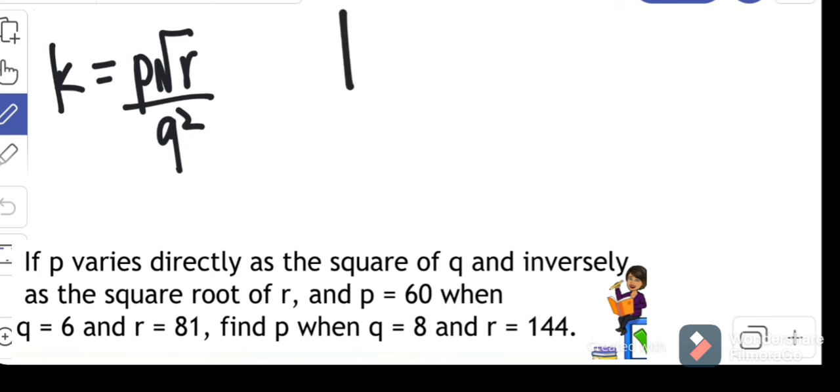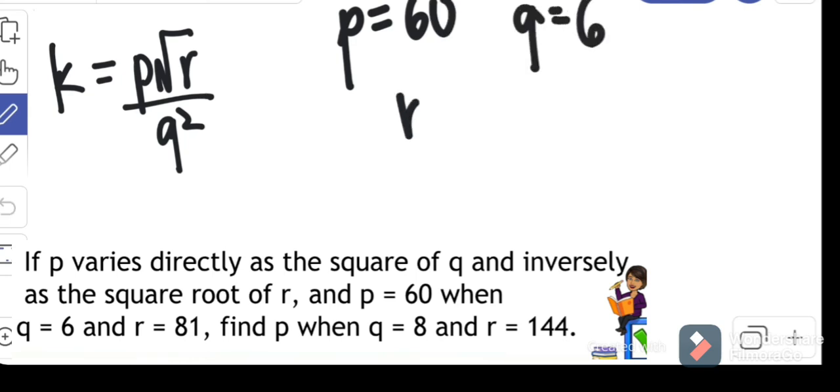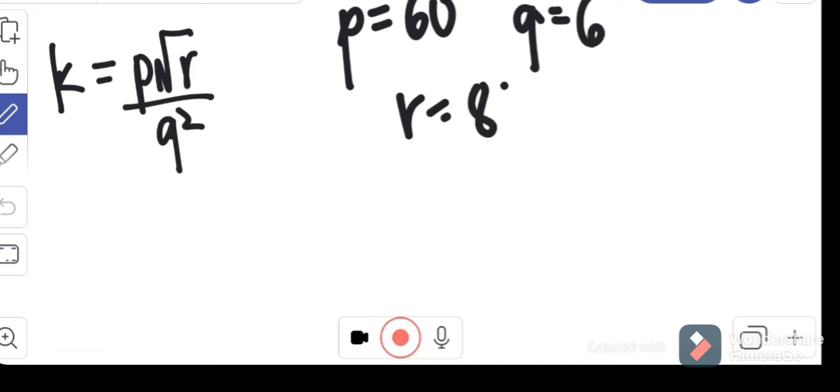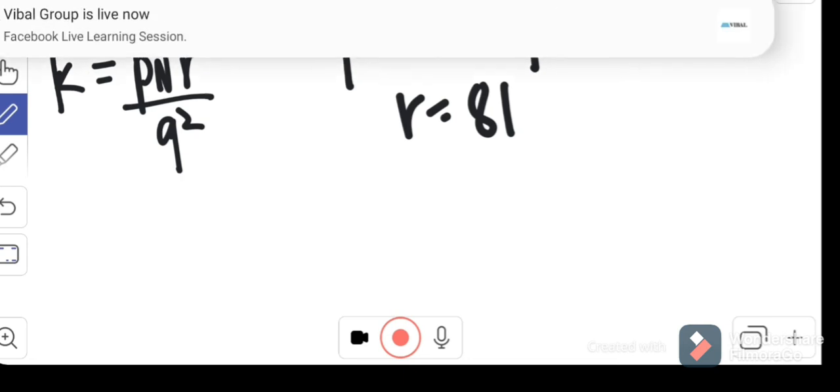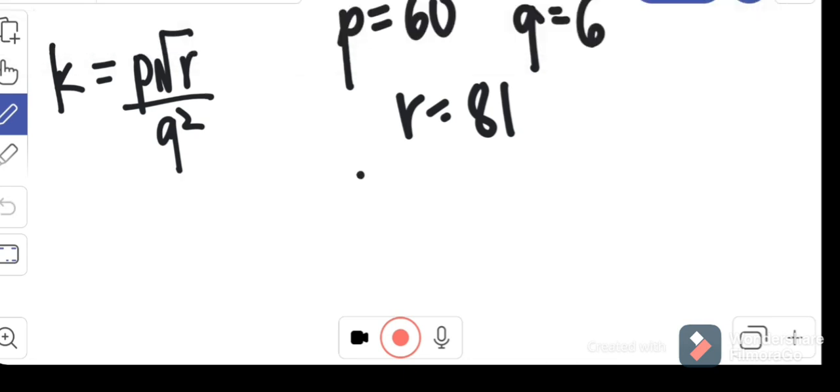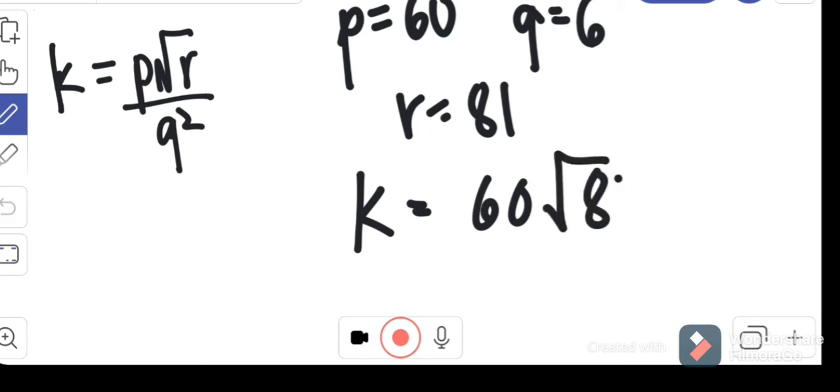So we have p is equal to 60, q is equal to 6, r is equal to 81. Let's substitute. K is equal to 60 times the square root of 81 over q squared, which is 6 squared.